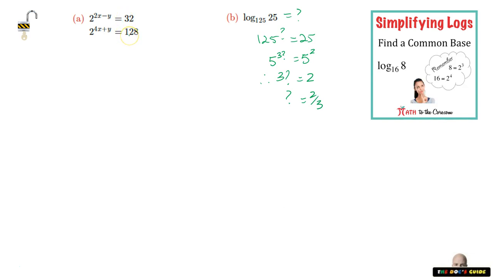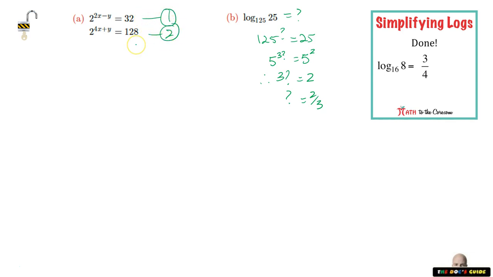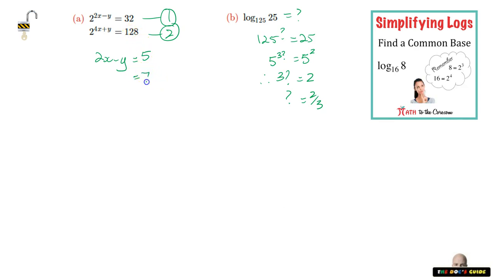This one here, our brain should be saying simultaneous equations because we've got 2 pieces of information. So what have we got? 2 raised to what power gives us 32? Well, we know that that is 5, so 2x minus y must equal 5. And similarly, 2 raised to what power gives us 128? Well, that is 7.